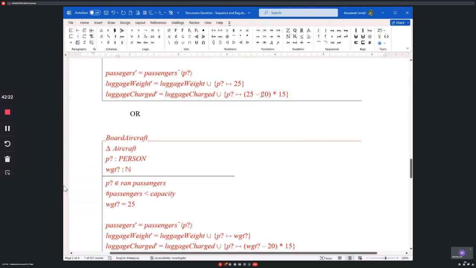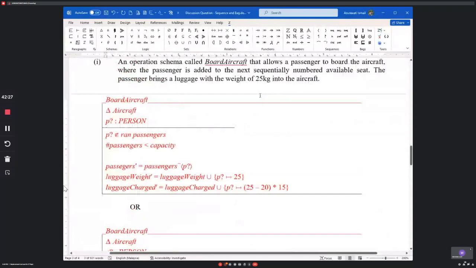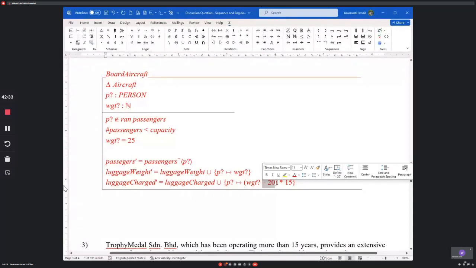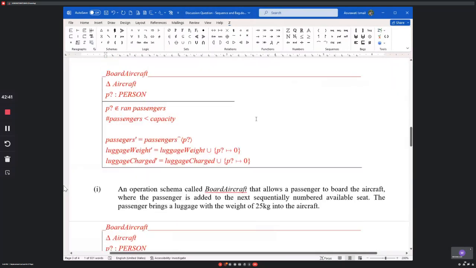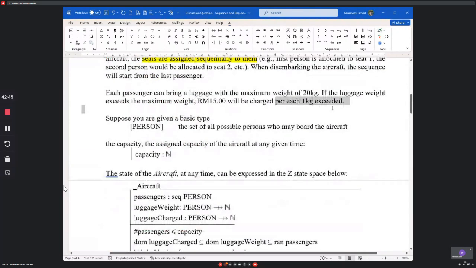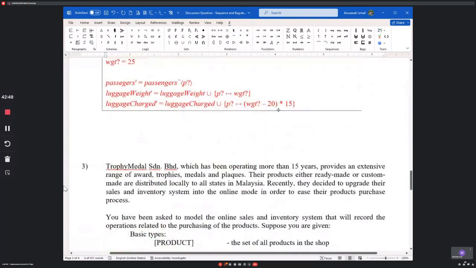So in this case, you just put weight equals to 25, because the question says 25 already. Then you just put weight minus 20, because the maximum capacity for free will be 20 only. Then exceeding that, you will be charged 15 ringgit per kg exceeded. So you just start with 15 here.